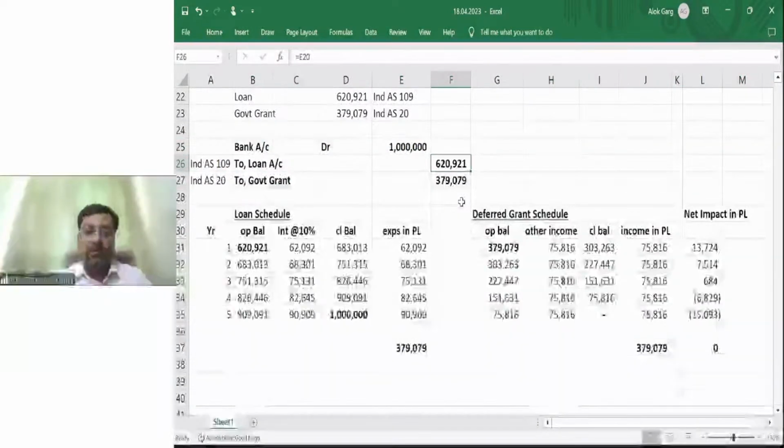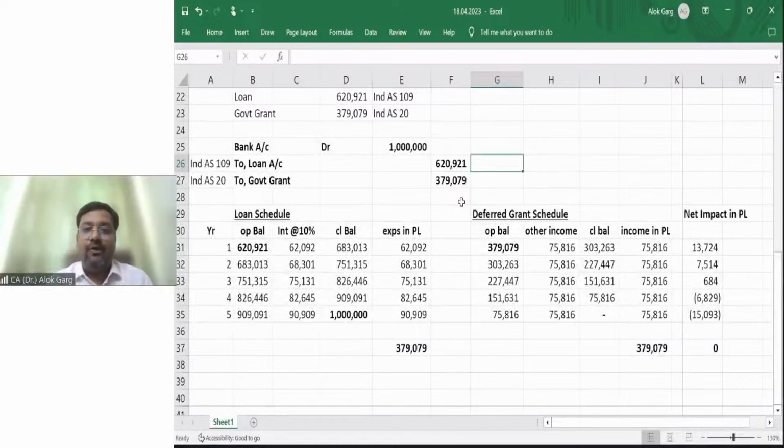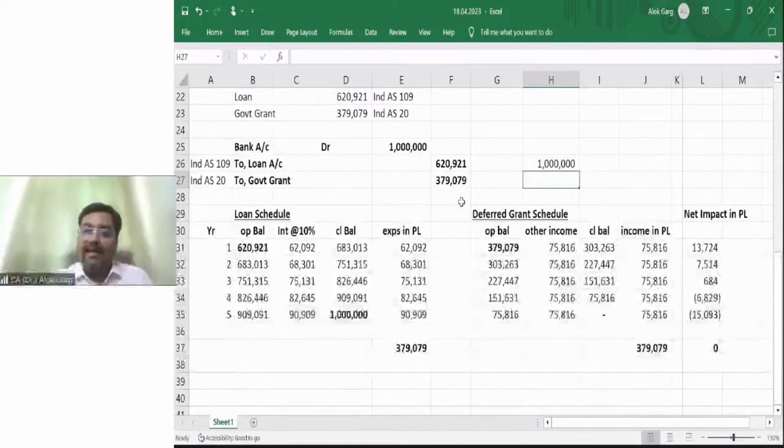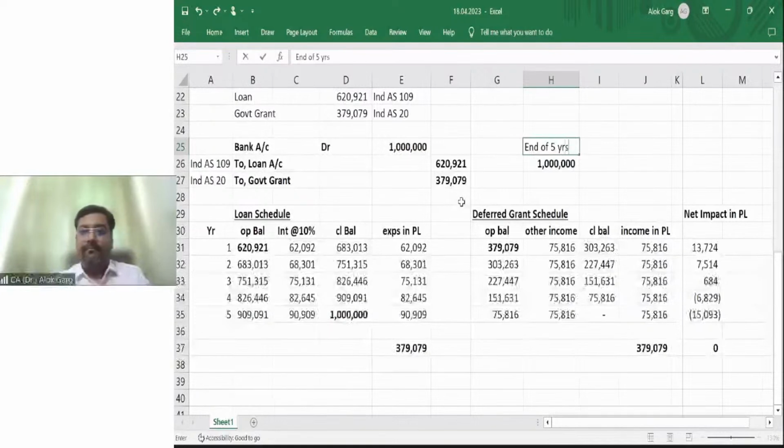This loan account, at the end of 5 years, this liability will be increased. This will become 10 lakh rupees. At the end of 5 years, this government grant liability will become zero.